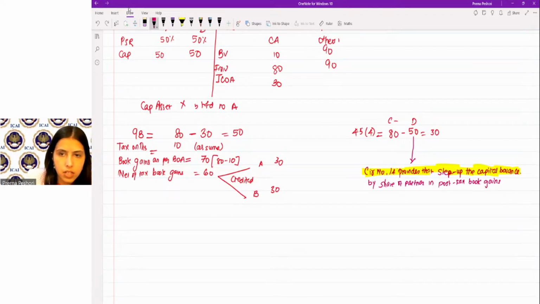In post-tax book gains, meaning what? It is asking you to not consider your 50, but 50 plus 30, this one.